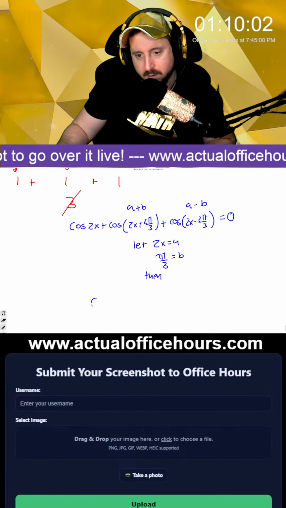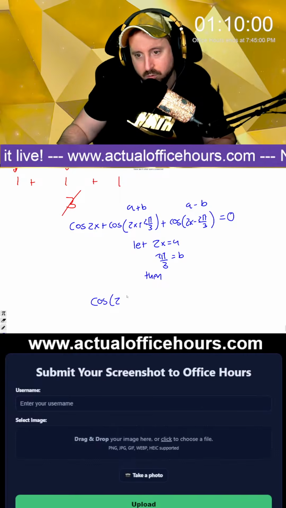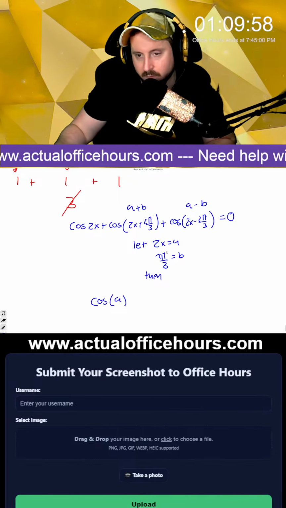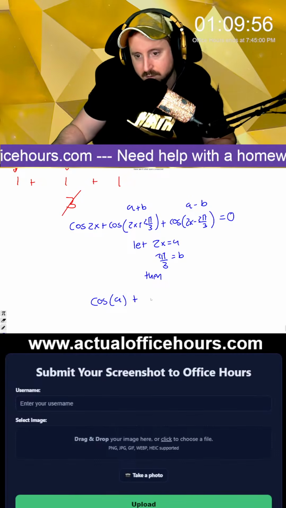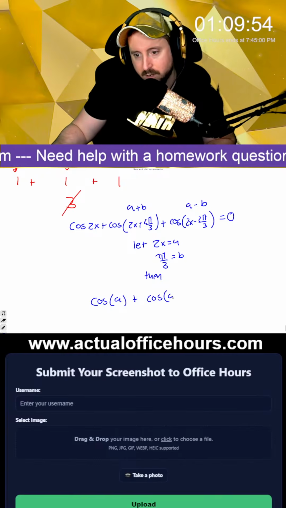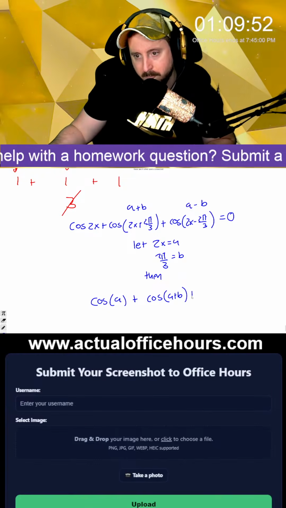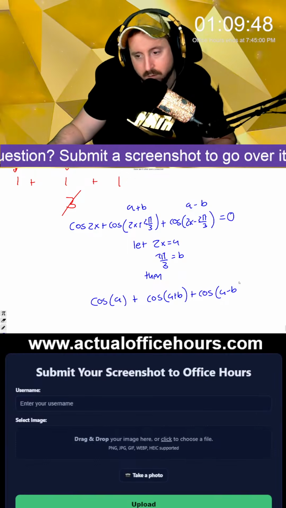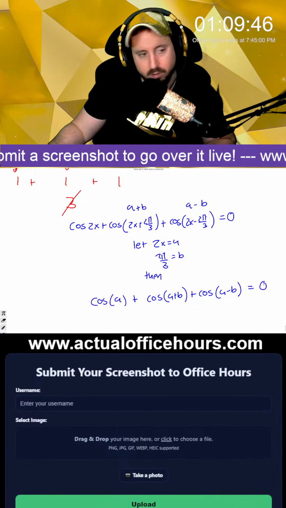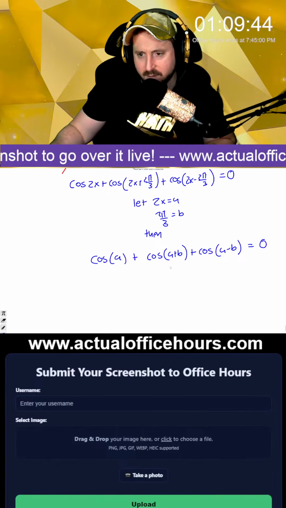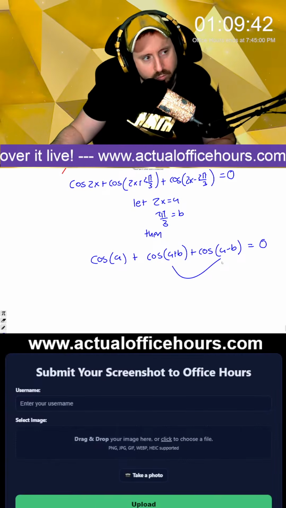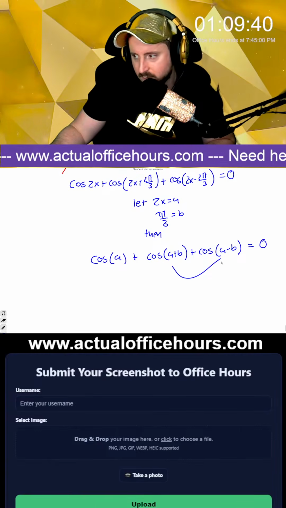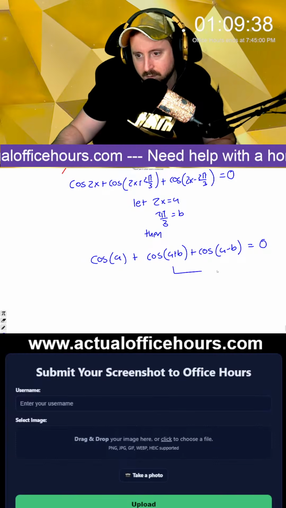Then cosine of a plus cosine of a plus b plus cosine of a minus b equal to 0, and then this whole thing is equal to 2 cosine a cosine b.